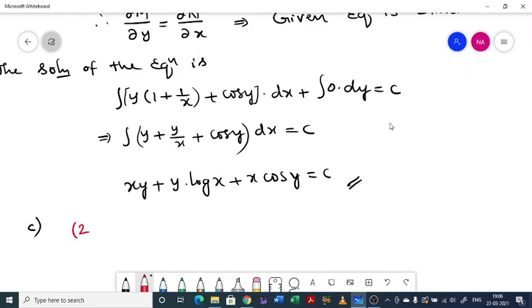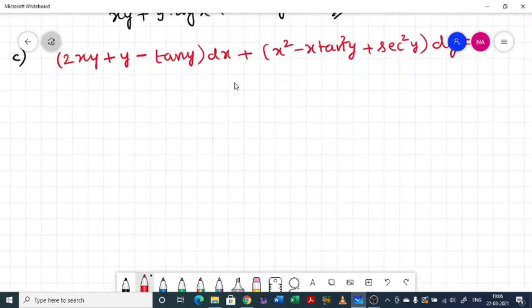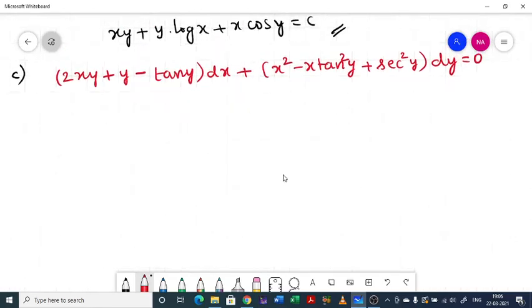(2xy + y − tan y) dx + (x² − x tan² y + sec² y) dy = 0. So this is the given differential equation.